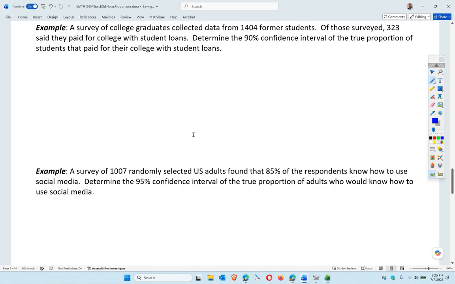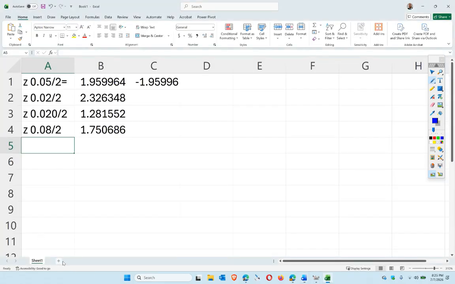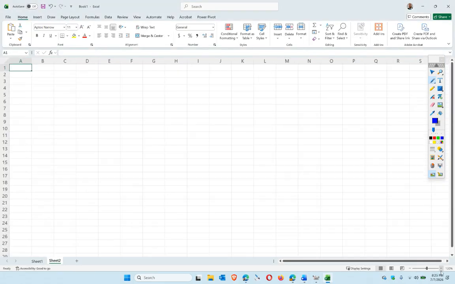The survey of college graduates collected data for 1,404 students, former students. Of those surveyed, 323 said they paid for college with student loans. Determine the 90% confidence interval for the true proportion of students that paid for college with loans. Okay, so let's make another tab here.